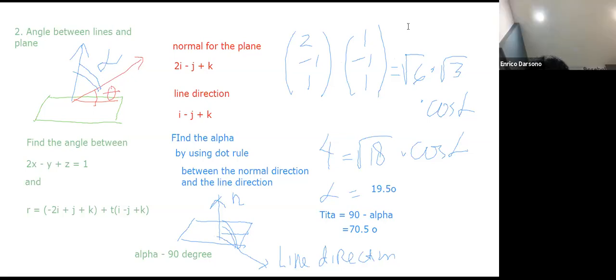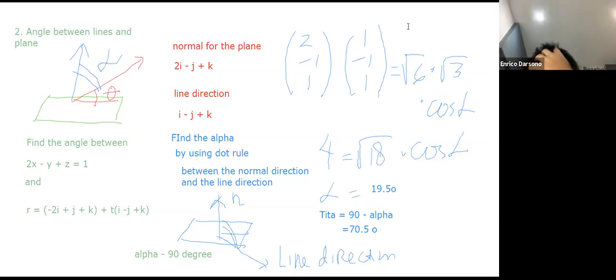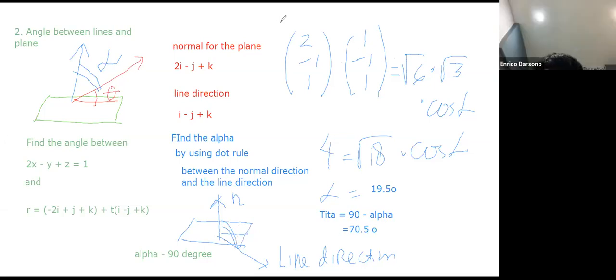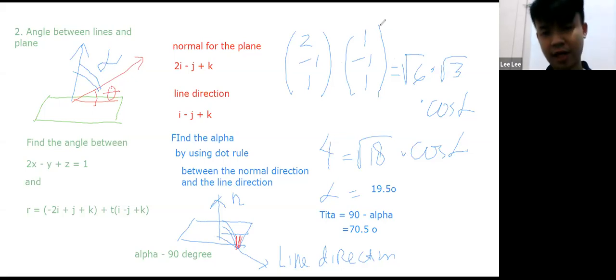The last one, alpha minus 90, because alpha is obtuse. The one that we find is between the plane and the line. So the angle is obtuse, right? That's why it's the obtuse angle minus the 90 degrees.